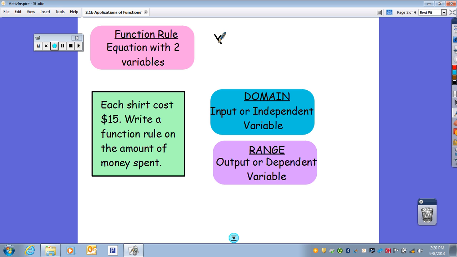So X is going to be the number of shirts that we buy, and Y is going to be the amount of money that we spend.